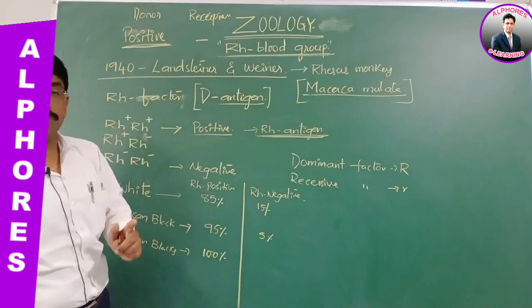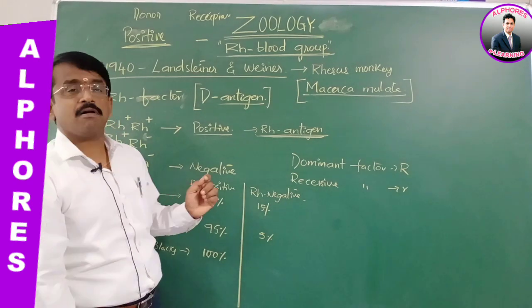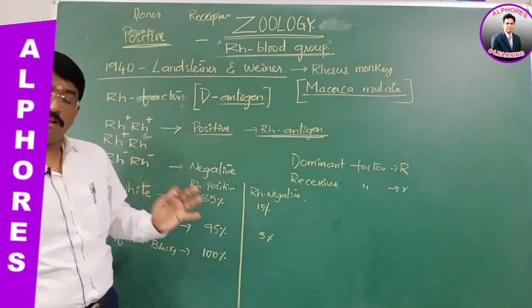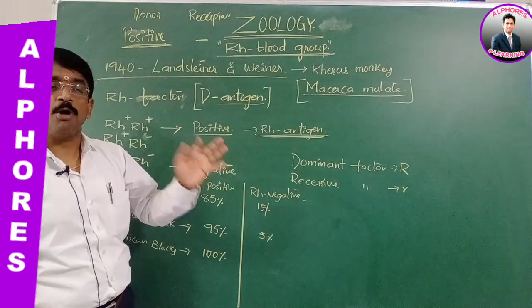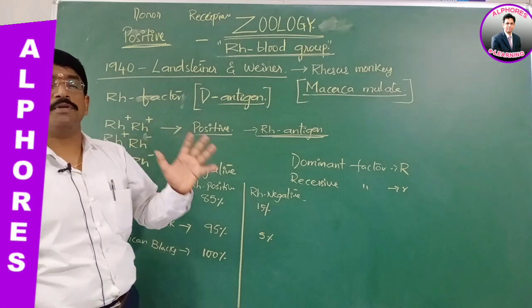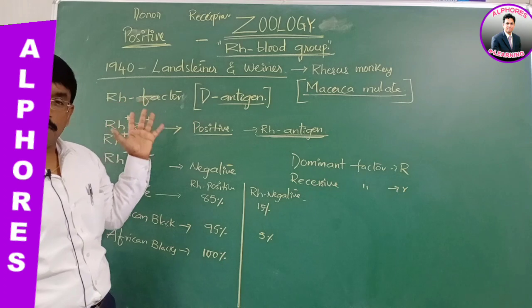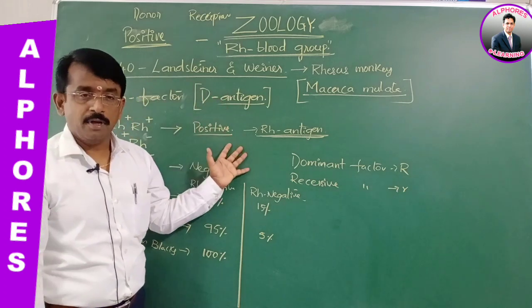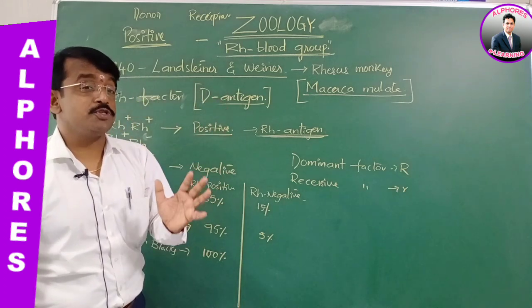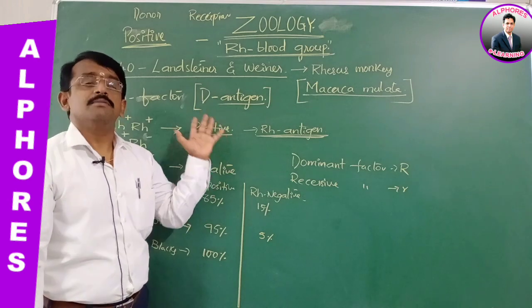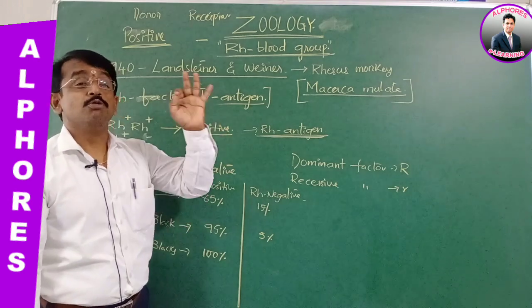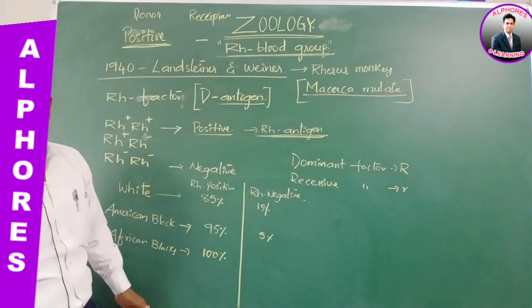So, Rh positive, Rh negative, both individuals are phenotypically normal. They do not show any symptoms of harmful effects. Whereas at transfusion and pregnancy time, it is going to show the harmful effects.